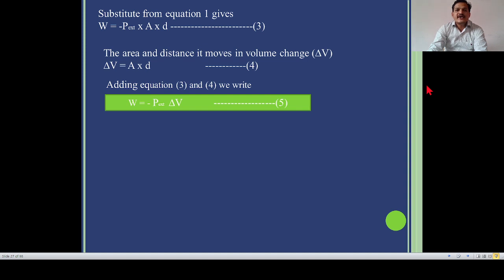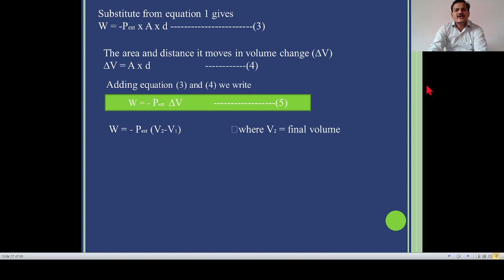So in the cylinder we consider an ideal gas, or any gas, enclosed in a cylinder fitted with a frictionless and movable piston. The gas travels through a distance d from volume V1 to V2 against the external atmospheric pressure. So this is the equation for expansion of gas, W is equal to minus Pex into delta V.